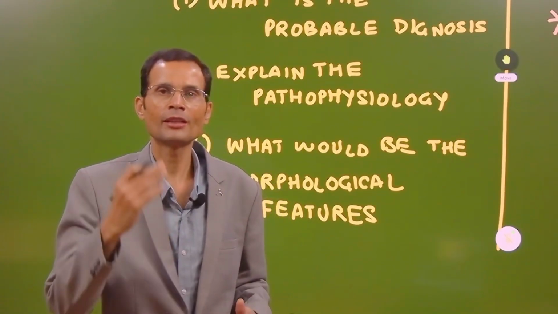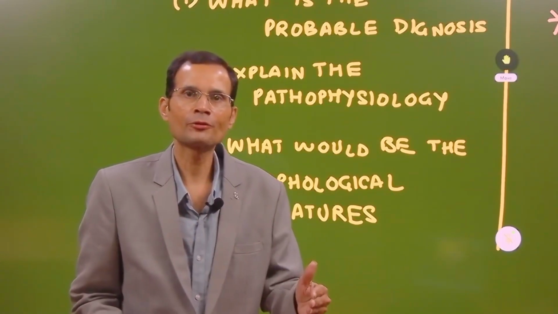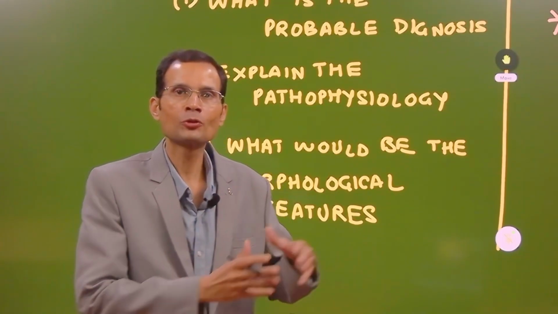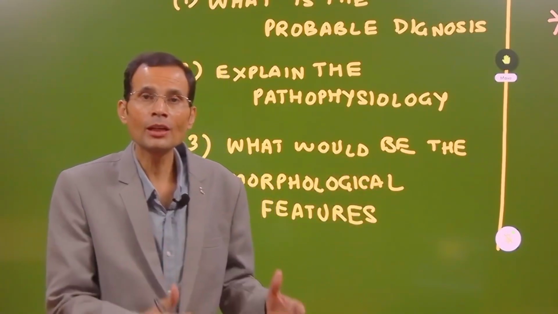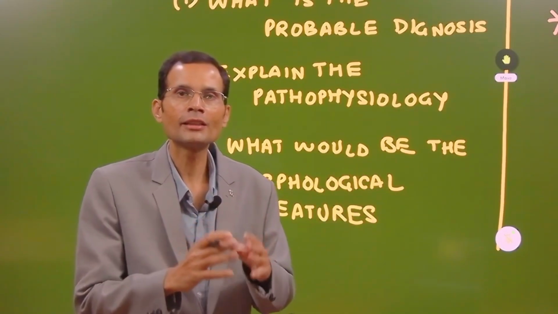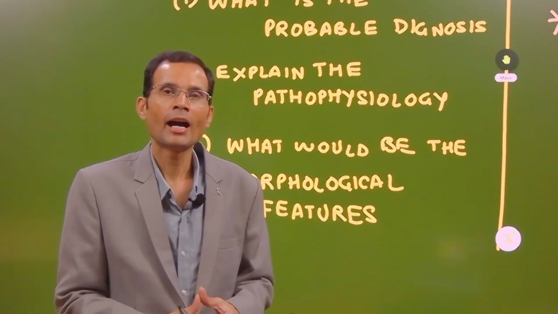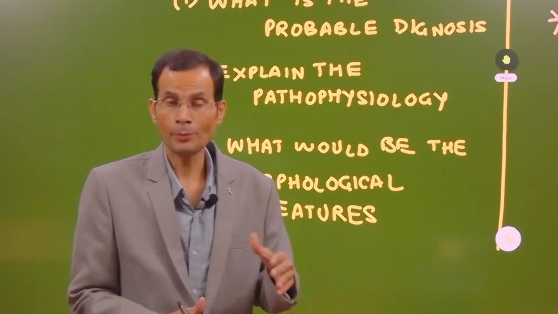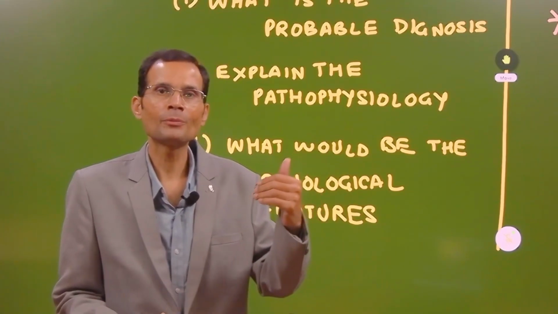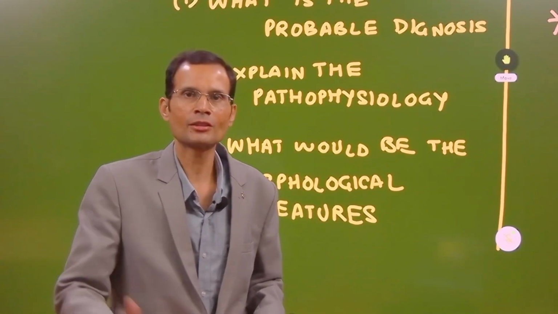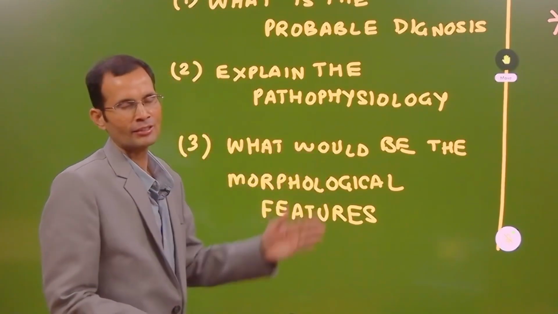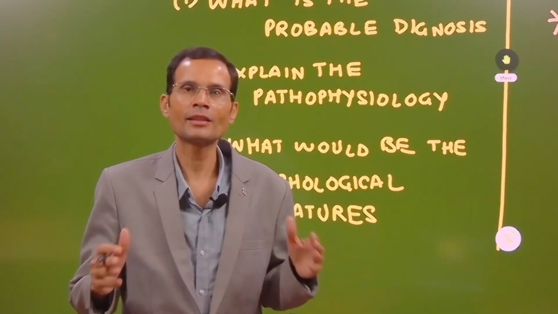Vitamin B12 in the diet, intrinsic factor from the stomach, then this complex goes to the ileum from where it is absorbed, and vitamin B12 is required for cell division, RBC division, and for DNA synthesis in the RBC precursors. So B12 deficiency results in megaloblastic anemia.